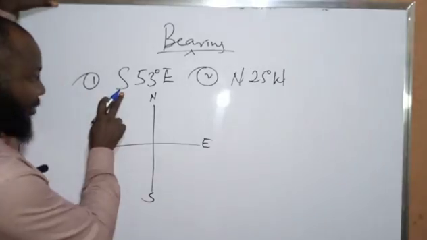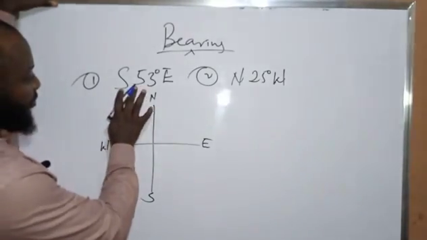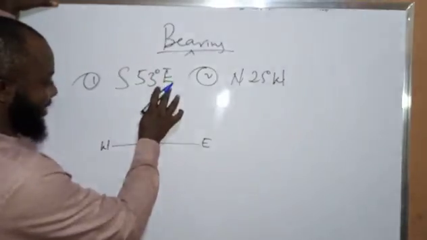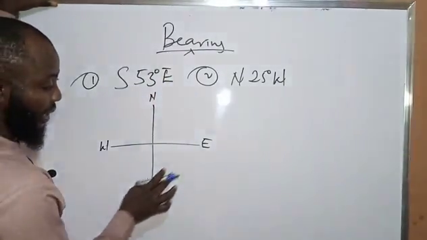We are starting from the south, then we measure 53 degrees towards the east. So the line will be somewhere here.